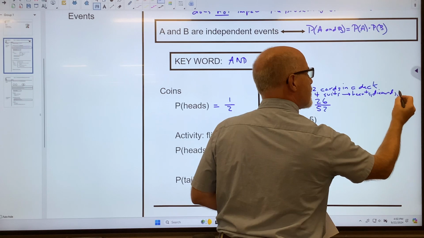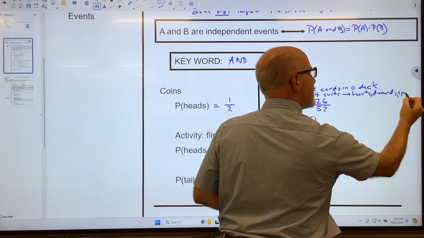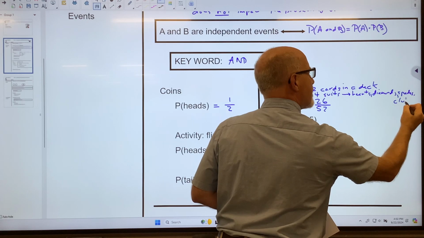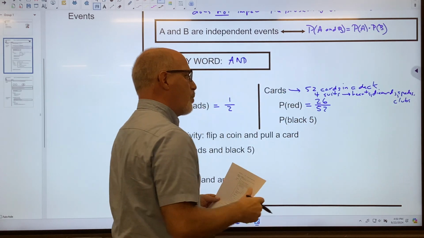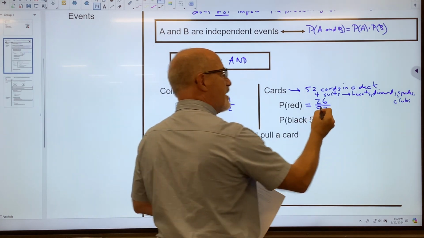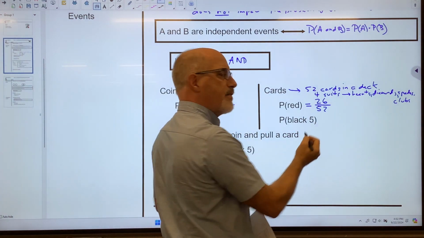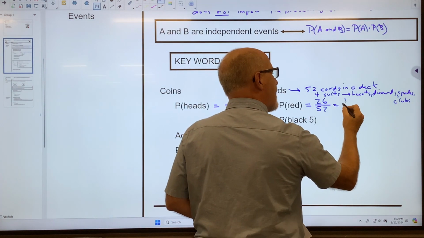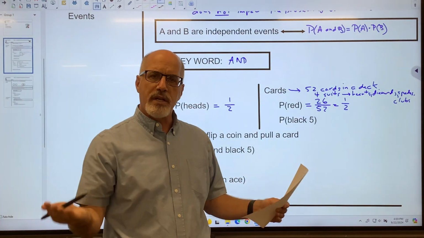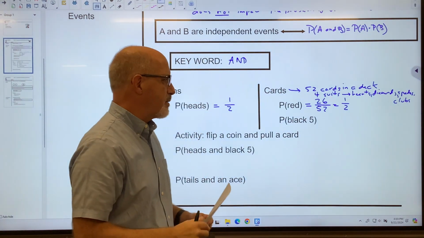And then there's also spades. And then there's clubs. So red cards, half of the cards are red. So you don't have to do 26 out of 52. You could just know that 1 out of the 2 types of cards. There's red and black, so 1 is success out of 2 possibilities.